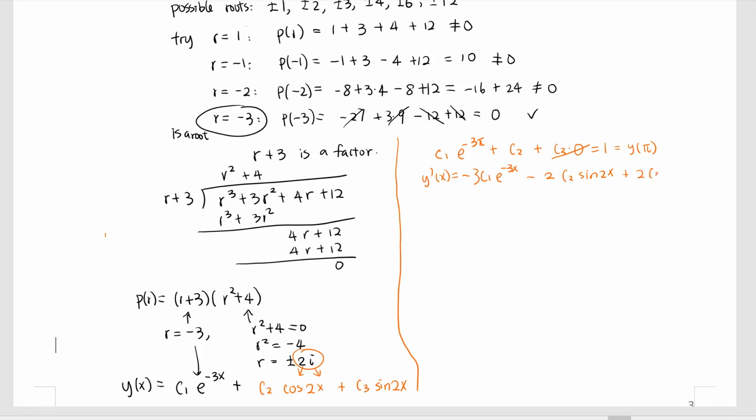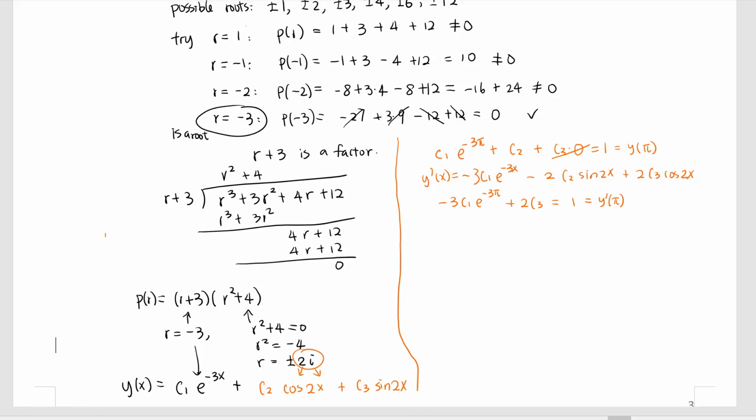So we have 2 C3 cosine 2x. Let's plug in pi. We get minus 3 C1 e to the minus 3 pi, minus 2 C2 sine of 2 pi, which is 0. And then cosine of 2 pi is 1. So that is 1. So that's y prime of pi.